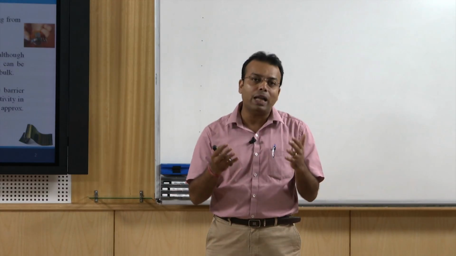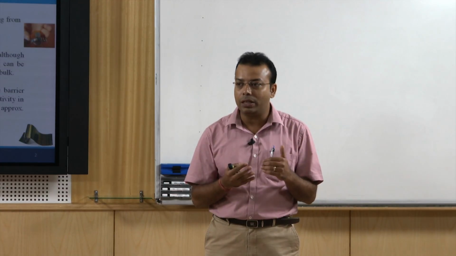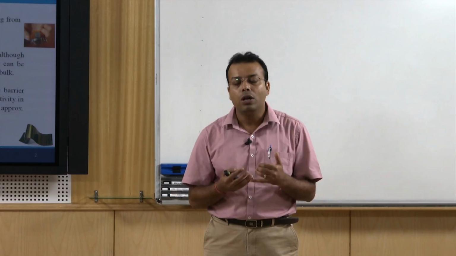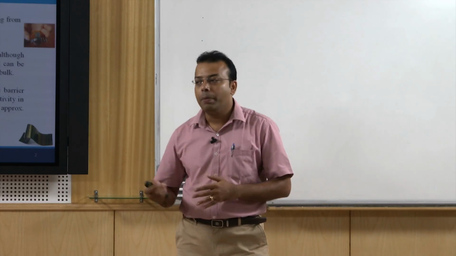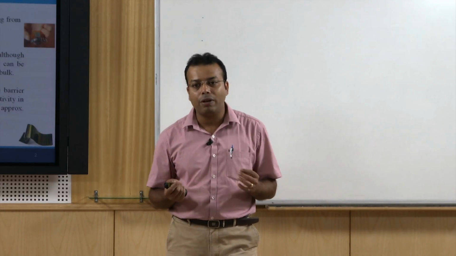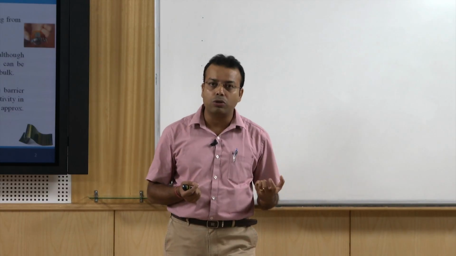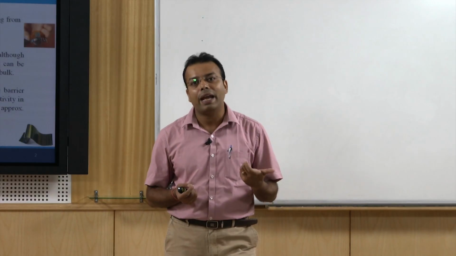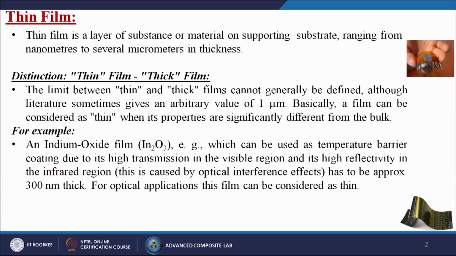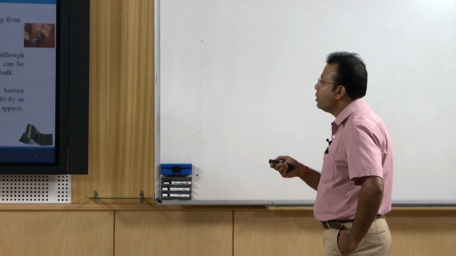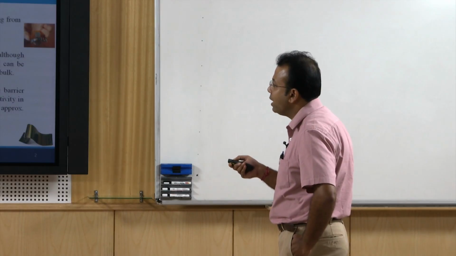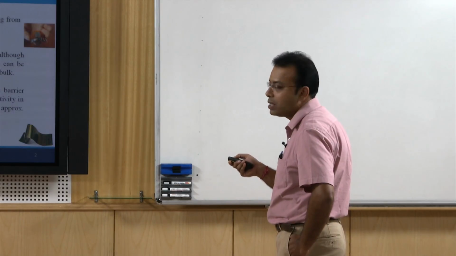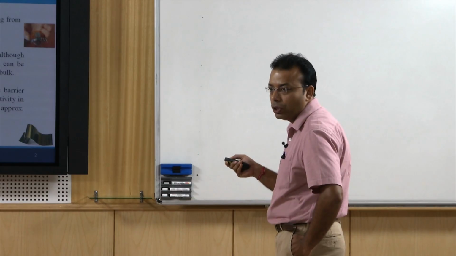It depends upon the applications of that particular material; based on that we can define whether it is thin or thick, because I will give you some examples where even in the nanometer range there are materials which can act as thick. A thin film is a layer of material on a supporting substrate, ranging from nanometers to several micrometers in thickness. As I already told, the size may be in the nanometer range, and sometimes in the micrometer range also.